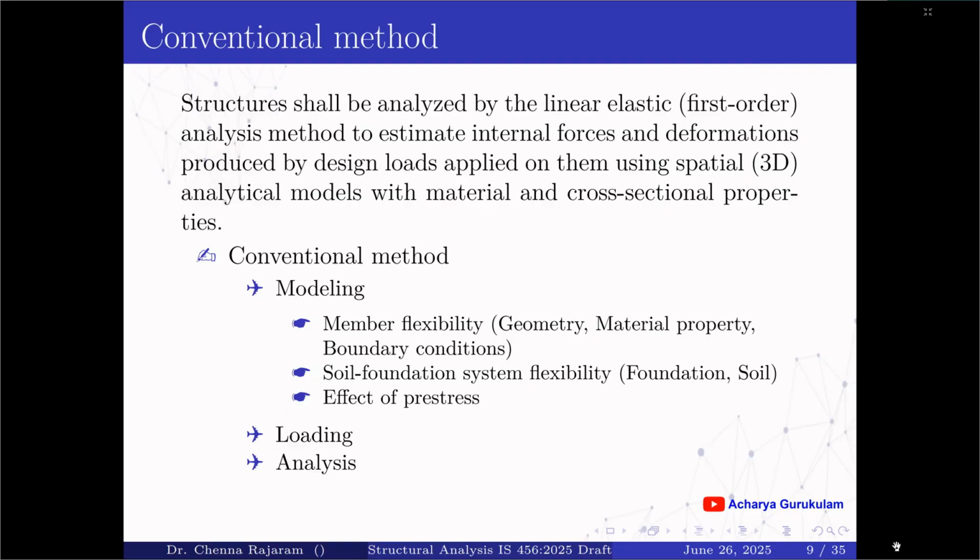Under conventional methods, there are subcategories: modeling. In that modeling, first, member flexibility, that is geometry, material property, and boundary conditions. Second, soil foundation system flexibility. Here, the foundation and soil have to be discretized. And third, effect of pre-stress. Next, loading and analysis has to be done.